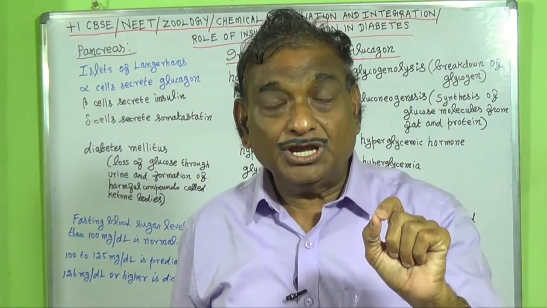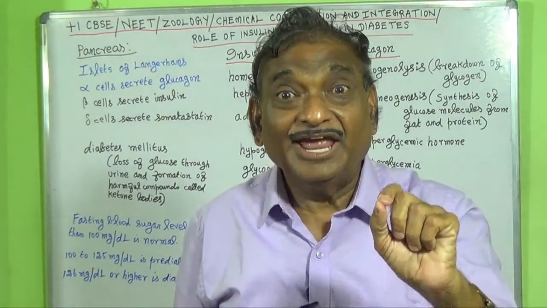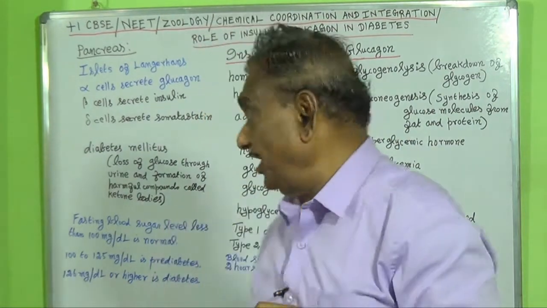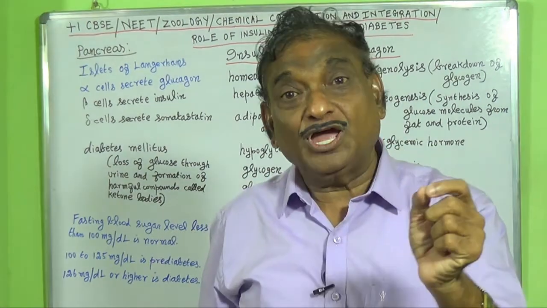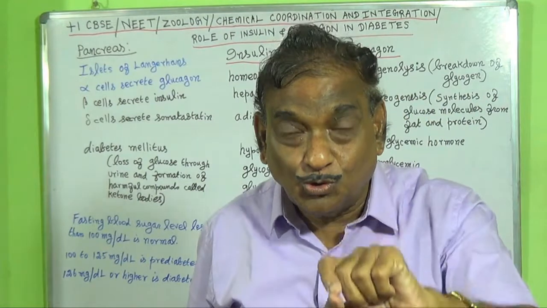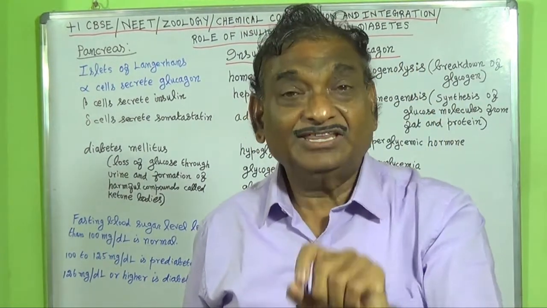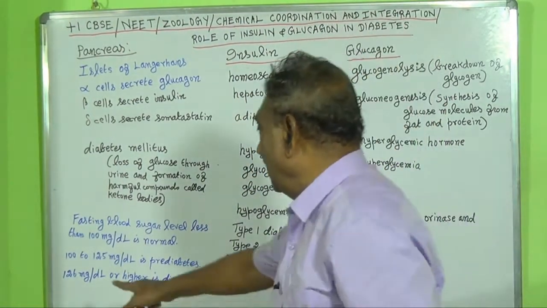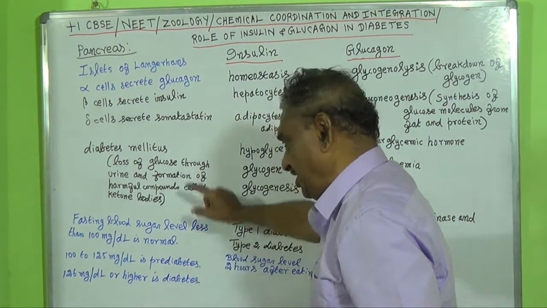The fasting glucose level less than 100 milligram per deciliter is normal. If the glucose level is 100 milligram per deciliter to 125 milligram per deciliter, that condition is called pre-diabetes.